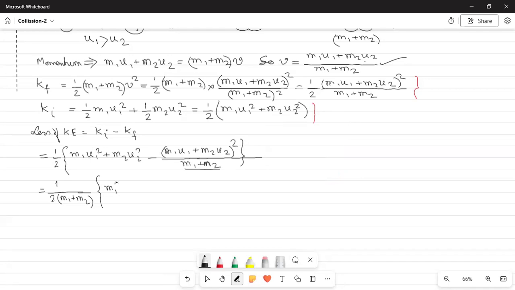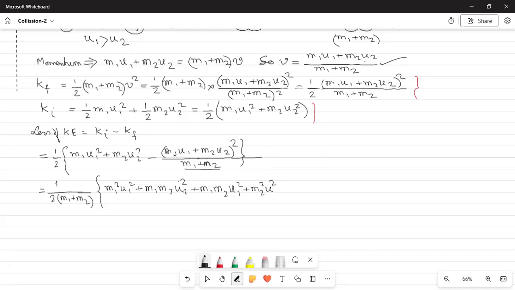So M1 square U1 square plus M1 M2 U2 square plus M1 M2 U1 square plus M2 square U2 square.